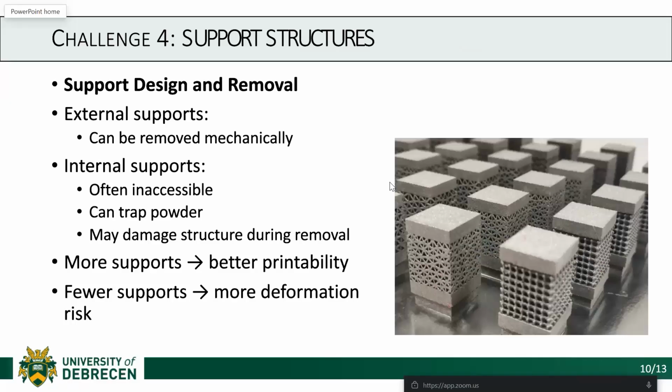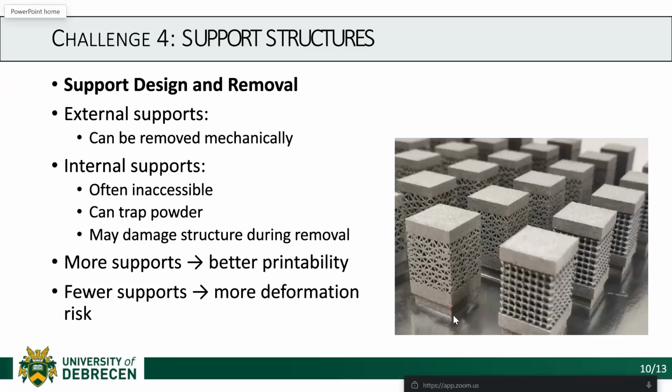Another problem with these kinds of production technologies is the support design and removal. In this case, we can see some lattice structures here, and the support itself can be seen at the bottom of the specimens.